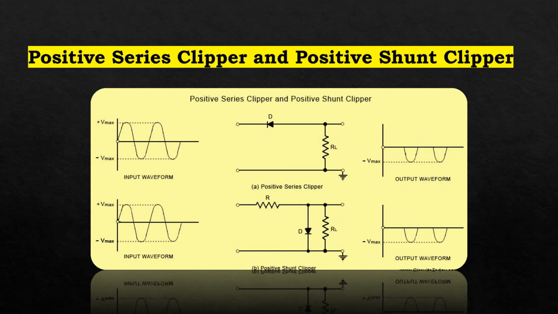This causes the diode to conduct heavily. This causes the voltage drop across the diode or across the load resistance RL to be 0. Thus, output voltage during the positive half cycles is 0, as shown in the output waveform in figure B.